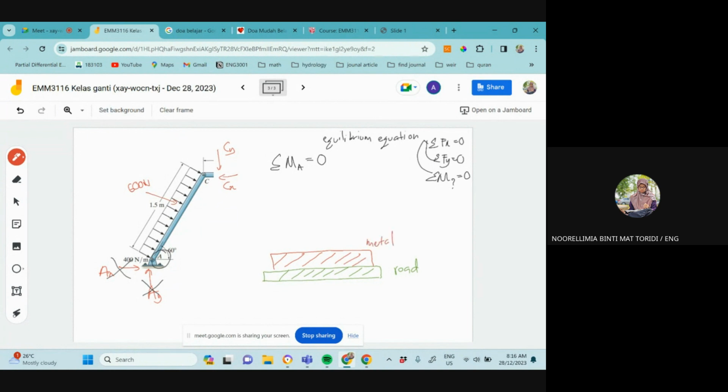The load is supposed to be in the diagram like this. The load is distributed evenly on the road, so every load must be 90 degree. So this one is also 90 degree.